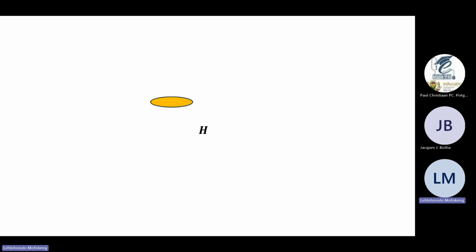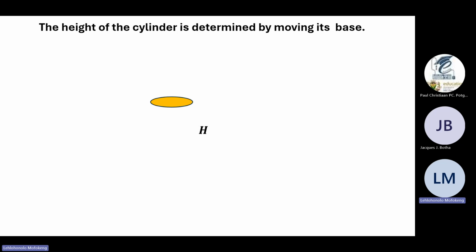Right. Now we are just going to explain again the issue of height. A height is created when we move the base to create a prism. We move the base such that we create a prism, and by so doing, we create a height. So the height of the cylinder is determined by moving its base.